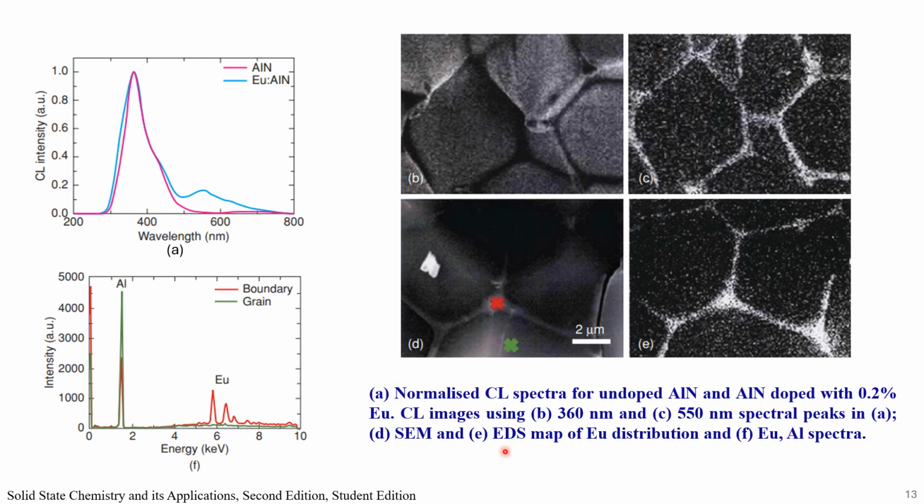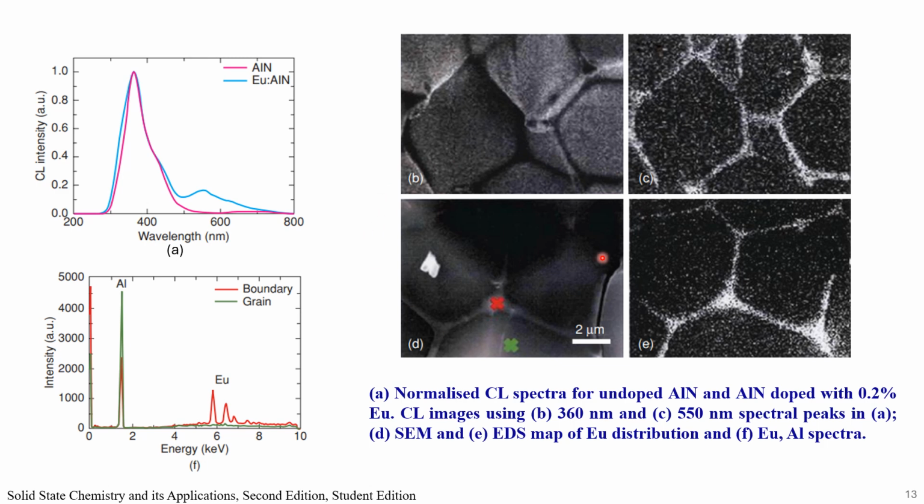As we can see, this figure shows CL images using the two spectral peaks, shown in B and C, at 360 nanometers and 550 nanometers, from which it may be deduced that the europium is essentially concentrated at the grain boundary regions.